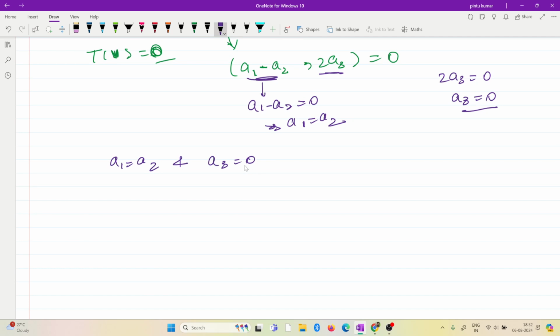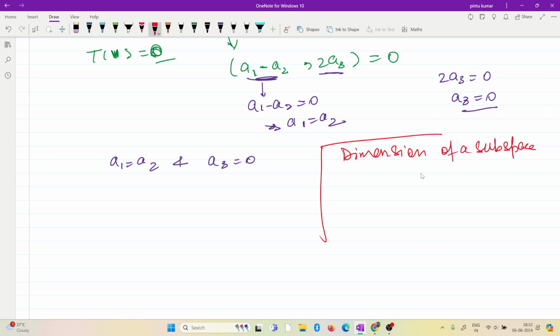Now, I'm not sure if I covered this in the last class or not. Let's take a slight detour. You have to find the dimension of a subspace. The dimension of a subspace is, so you just remember these 3-4 words that I'm going to say next, number of independent choices.